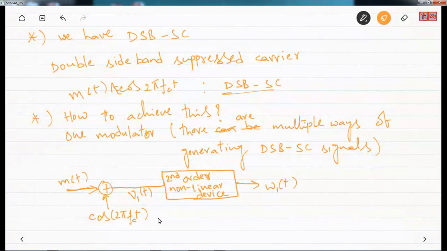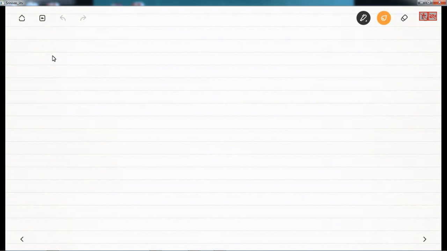What we are trying to do now is build a circuit, or not exactly a circuit, in the sense we are not showing what values of resistors, capacitors, diodes or transistors we will be putting in. We are trying to show a block diagram level view of a modulator, right? So we have a second order nonlinear device, and then a circuit which results in a DSB-SC signal. Let me write this here.